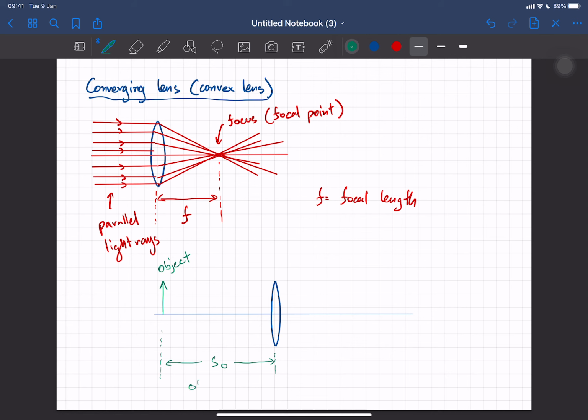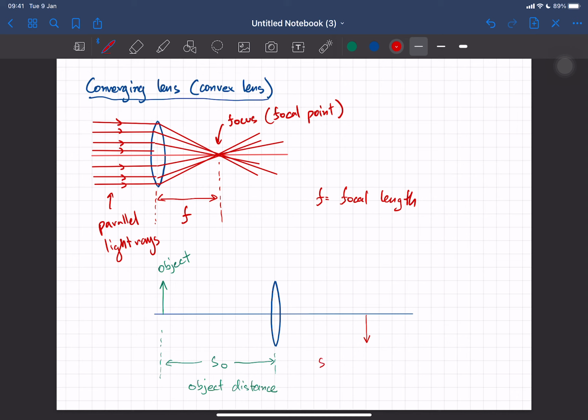So this is the object distance. So it's going to be like 20 meters, 5 centimeters, something like that. That's the object distance. Light will go through the lens, and the lens will converge the light onto some location, where we might have the image upside down.